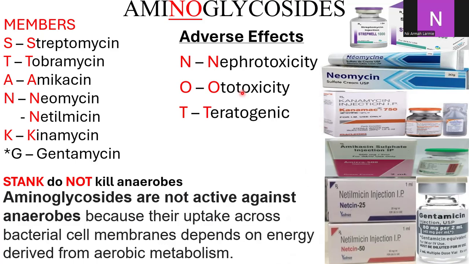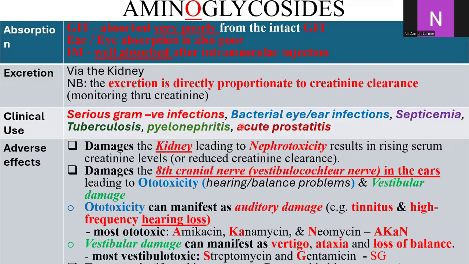Sometimes that can manifest as tinnitus, or it can manifest as hearing loss. And aminoglycosides should be avoided in pregnancy because of their teratogenic effects. A quick look at some of its pharmacokinetic properties.